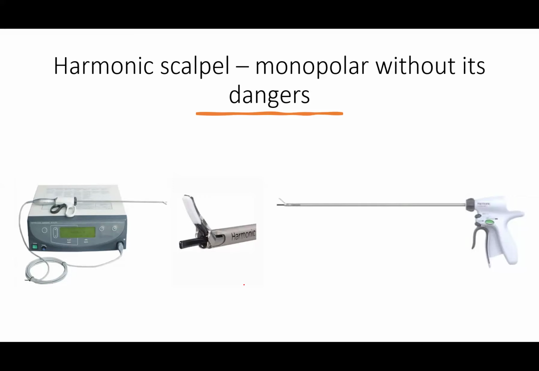But don't forget, it's not a monopolar device. It's an ultrasonic device that converts ultrasonic energy to mechanical energy to produce a desired effect without charring, without smoking, with the least spread of energy to the lateral tissue, causing the least lateral or collateral damage.